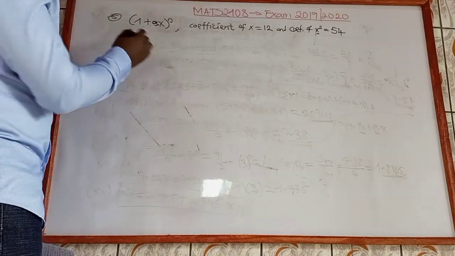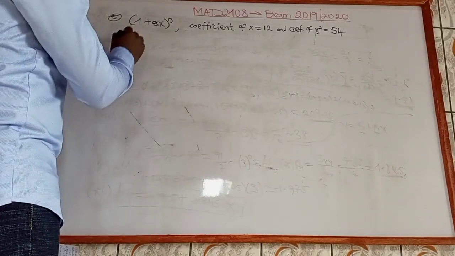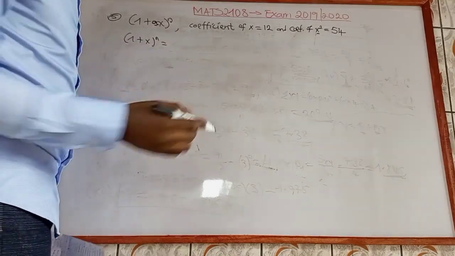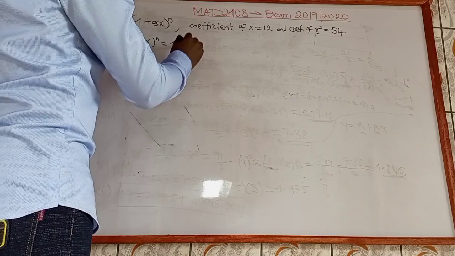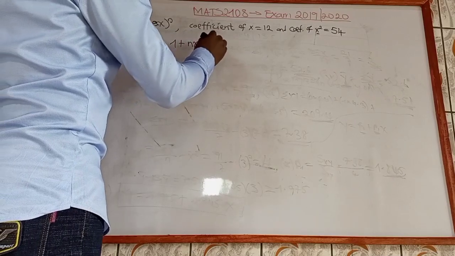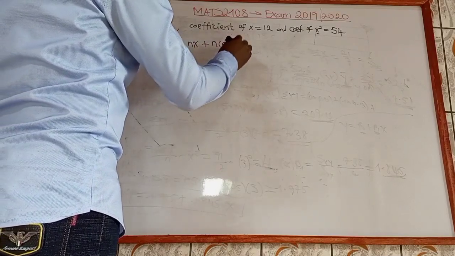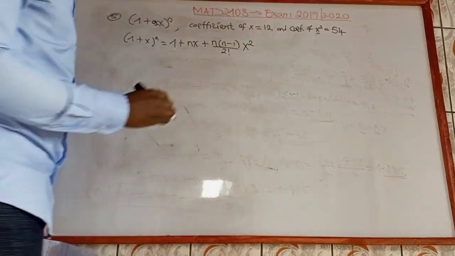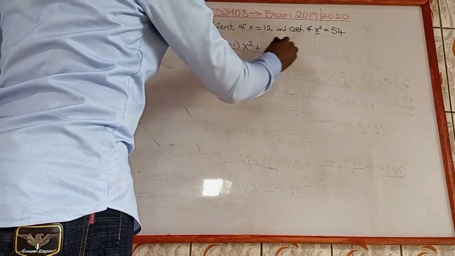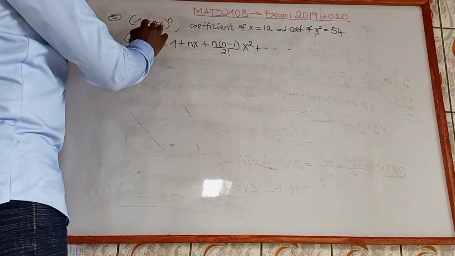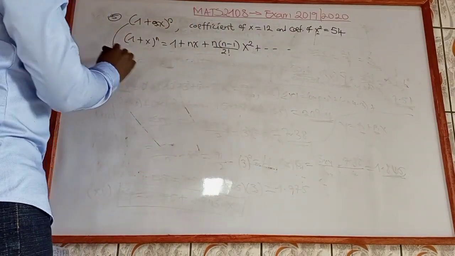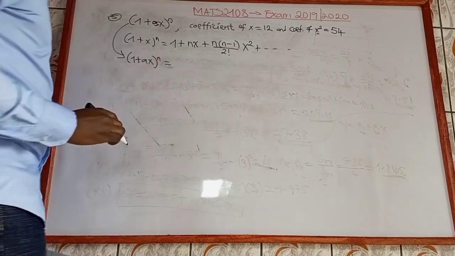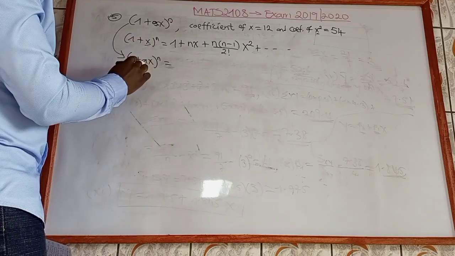Now we know that by the binomial theorem, (1 plus x) to the power n is expanded as 1 plus nx plus n into n minus 1 on 2 factorial x squared, and it continues. Therefore, in our expansion, (1 plus ax) to the power n, our x is ax.